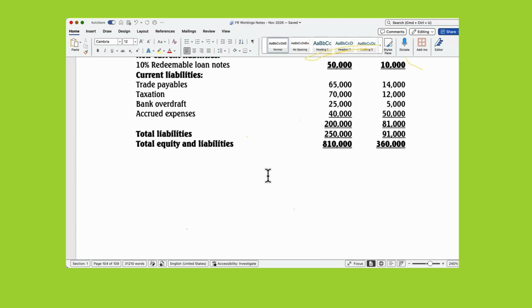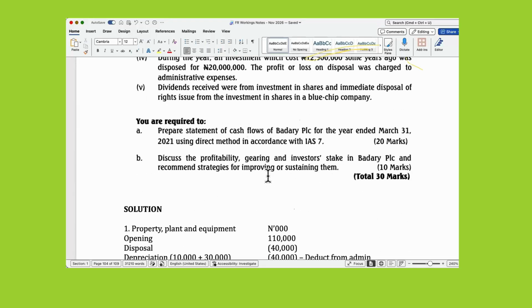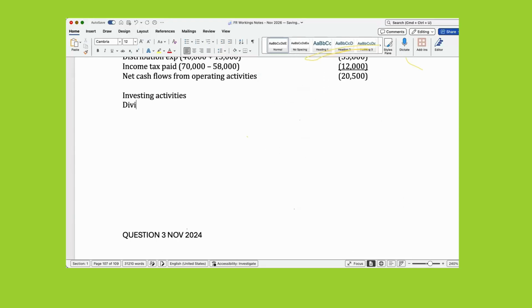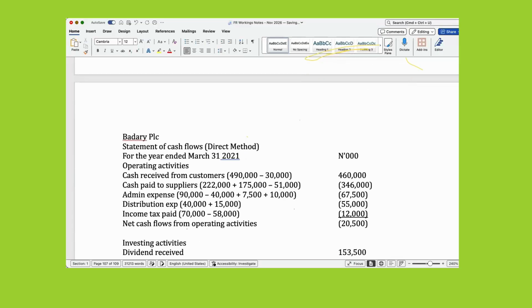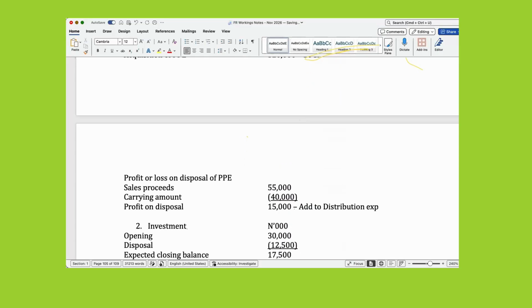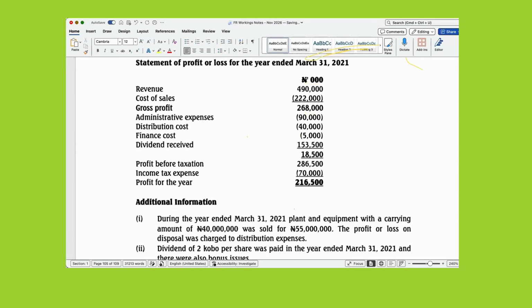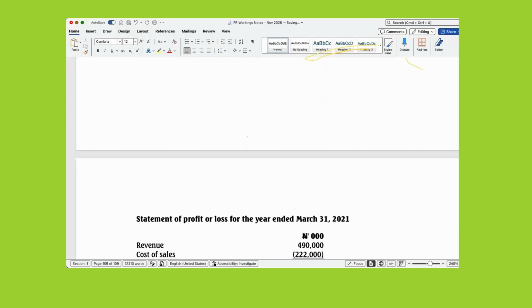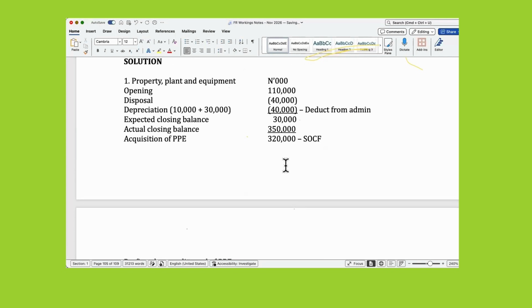So dividend received 153,500. Let me start with that. It's an inflow of 53,500 from my P&L.